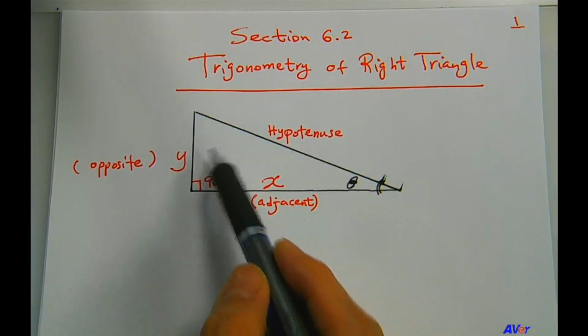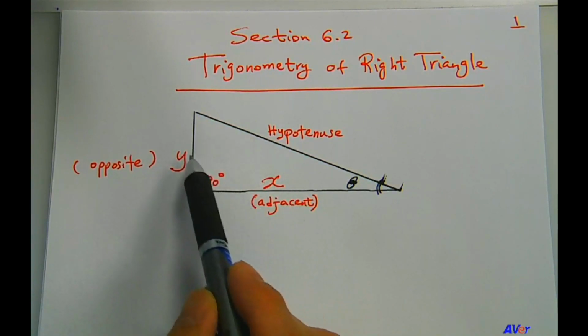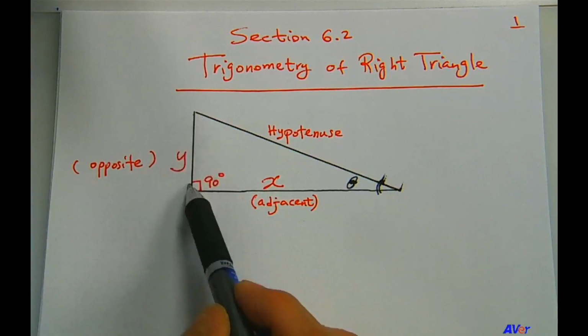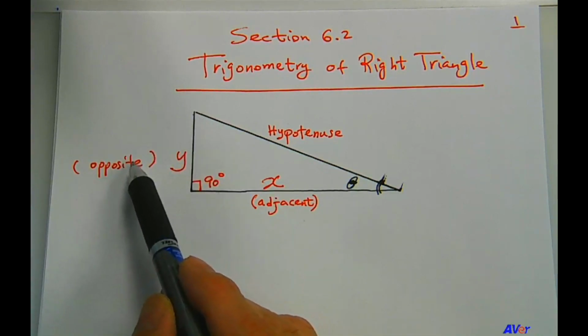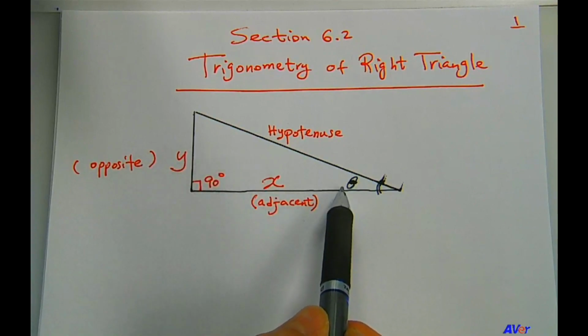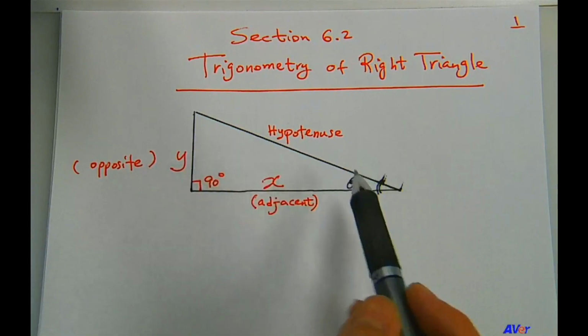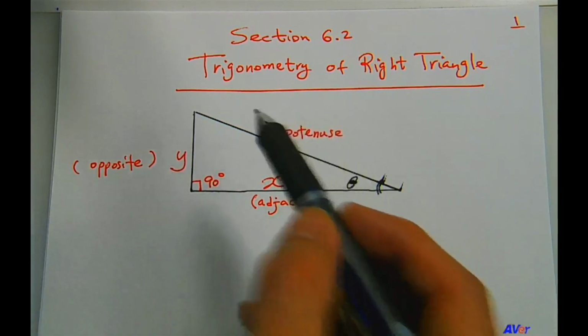If you read books, they are written in a way that sometimes they use letters, variables, for the measure of each side. Sometimes they call them by where they're located with respect to the angle given in that triangle.